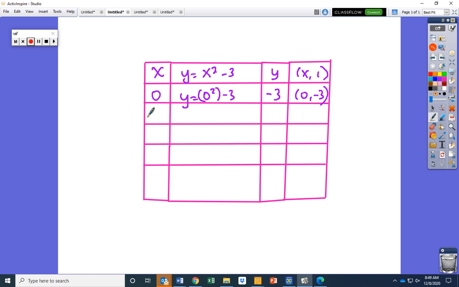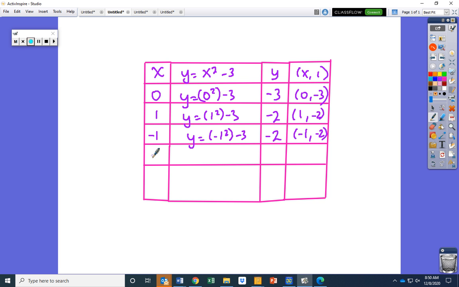Okay. What's next? Again, you can do whatever you want. I would do 1. Okay, so y equals 1 squared minus 3. What's 1 squared? What's 1 minus 3? Negative 2. So I have 1, negative 2. Now, if I use 1, what does my next one have to be? Negative 1. So y equals negative 1 squared minus 3, which would be also what? Negative 2. Okay, then I do 2.